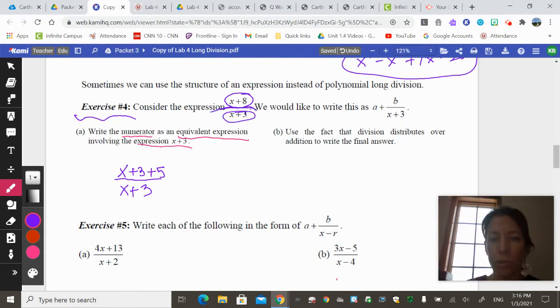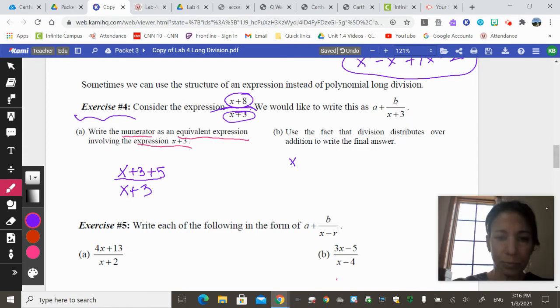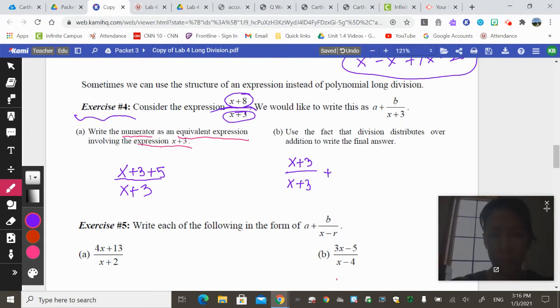Now it says, use the fact that division distributes over addition to write the final answer. So we can rewrite this as x plus 3 over x plus 3 plus 5 over x plus 3. We're doing the opposite of adding fractions.